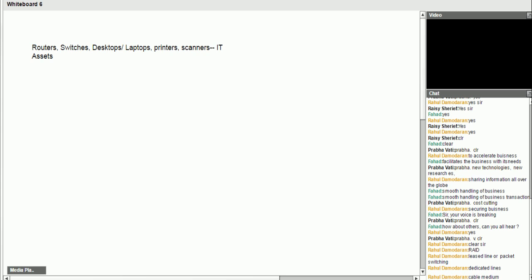Then you have developers, testers, project managers. These are called IT resources. Then you have business teams, or you have business portfolios.